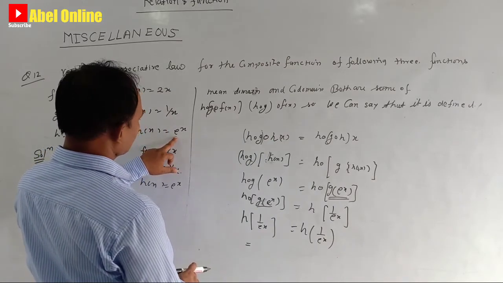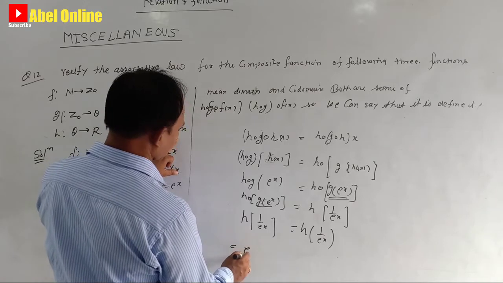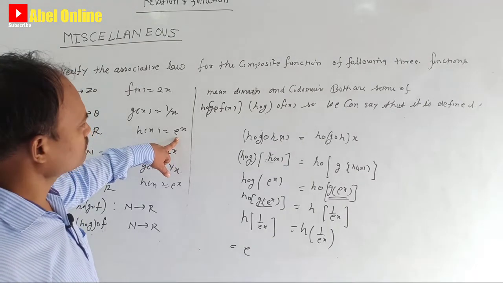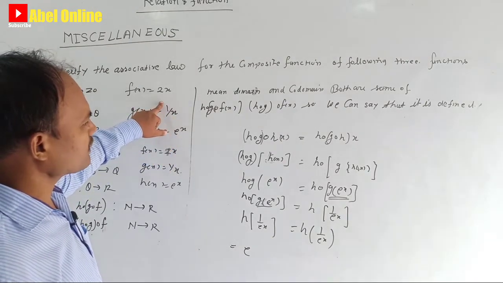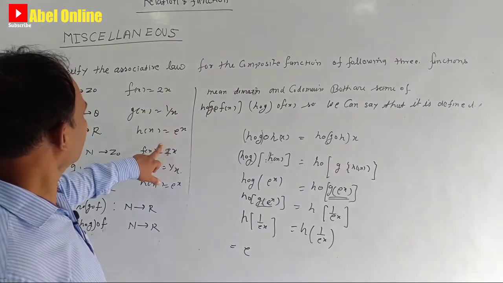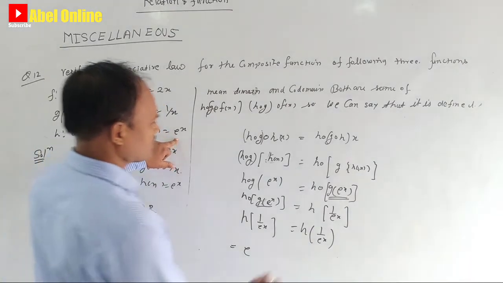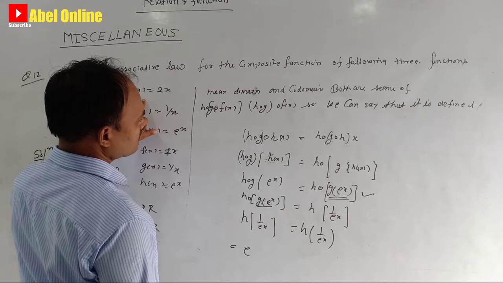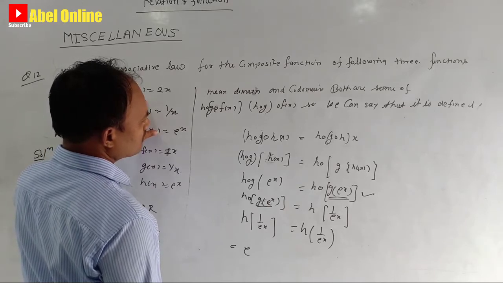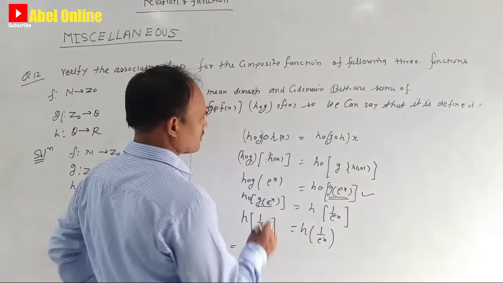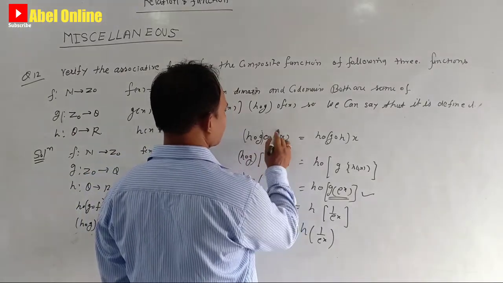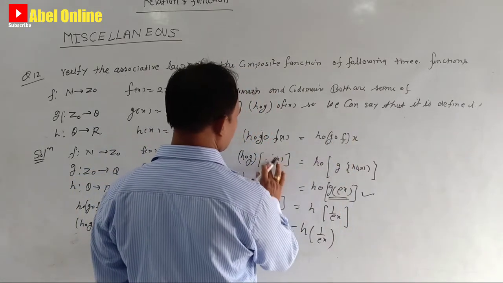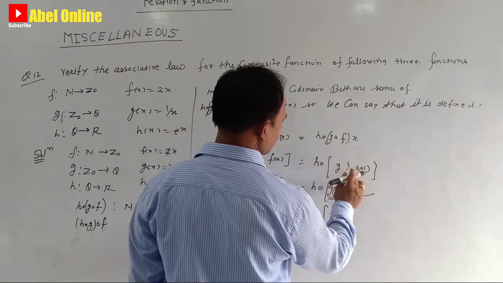If we put it here, we can say that the value of h of x is e to the power x. What is the value of f of x? Okay, some misprinting is there. It is hog of f(x), so here we have to write f of x again, and here also f of x.